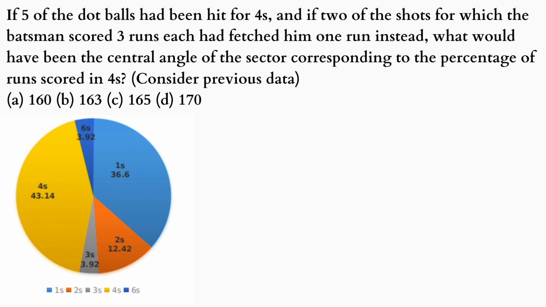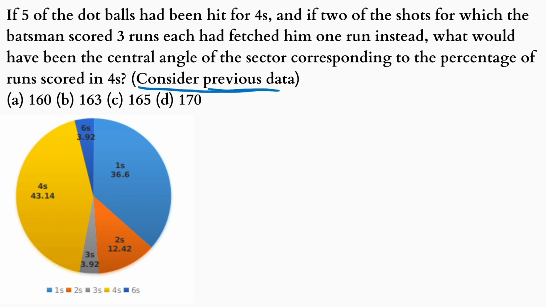So in DI, unless it's mentioned to consider the previous data, don't consider it. Consider the data separately for each and every question. Even though the set is similar, you shouldn't consider the previous data, but here it's mentioned to consider previous data, so we can take that.